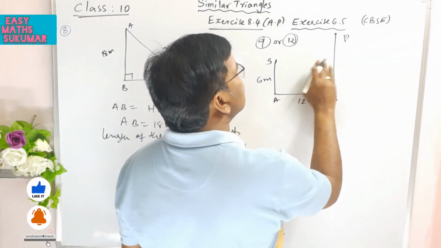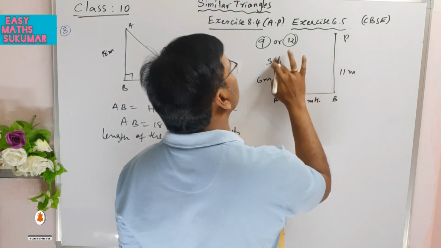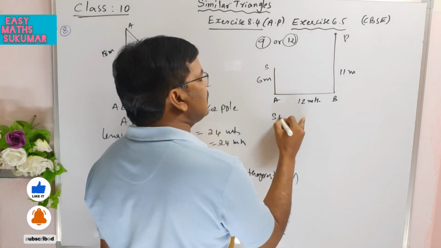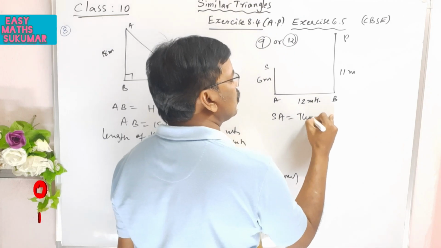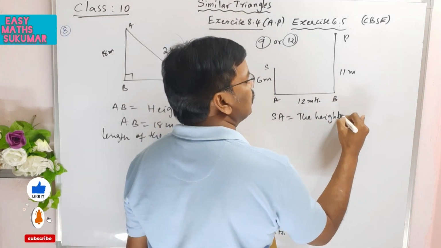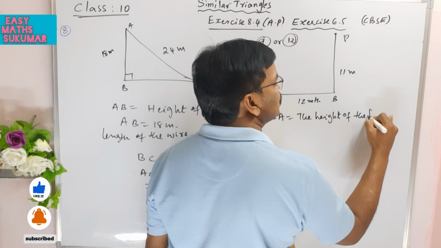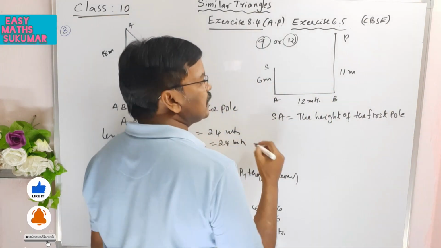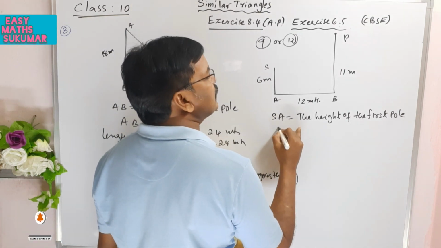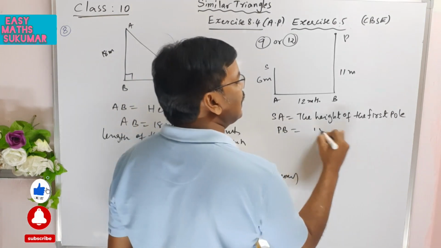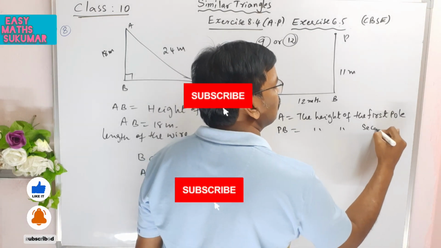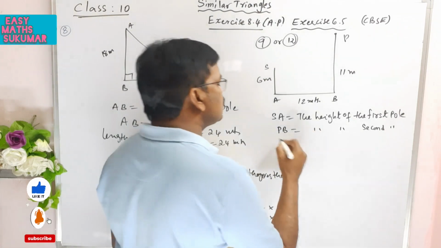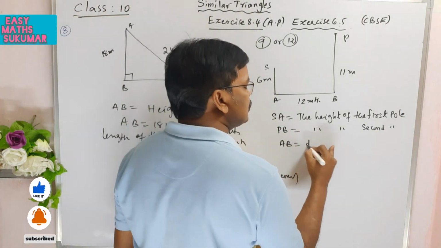Okay, my dear students. Here, this is 11 meters. This is S. So here SA is the height of the first pole, that is 6 meters, and PB is the height of the second pole, that is 11 meters.